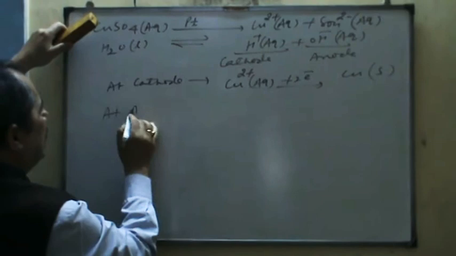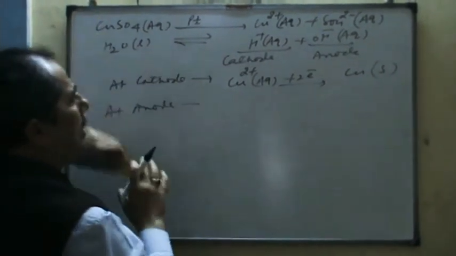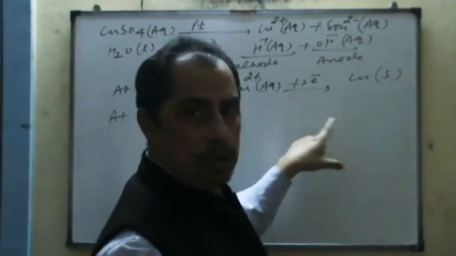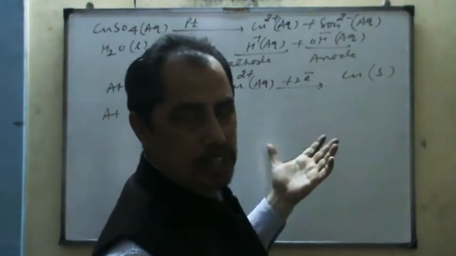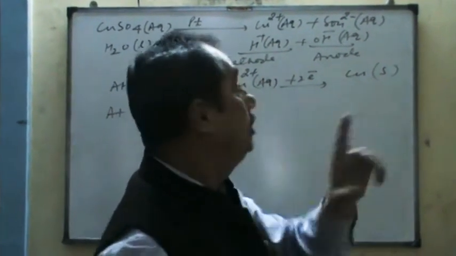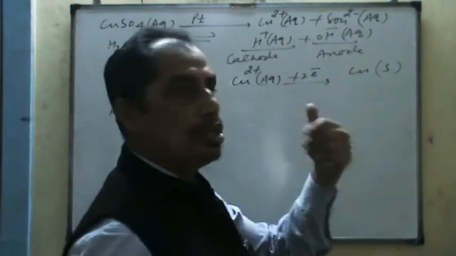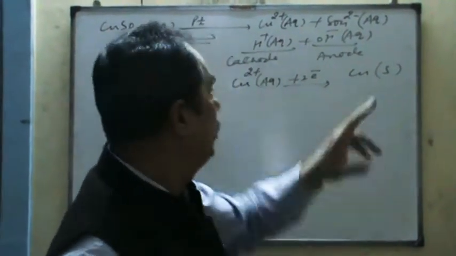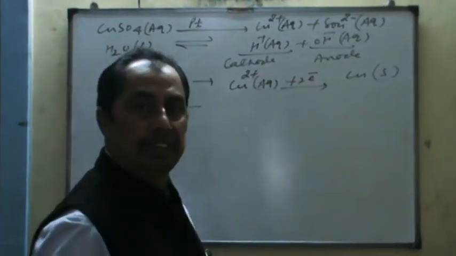Tell me, anybody, what will happen at the anode? I am giving you the sequence of oxidation potential in decreasing order. Out of sulfate and OH-, OH- will come before the sulfate. Therefore, OH- will dominate over the sulfate ion.